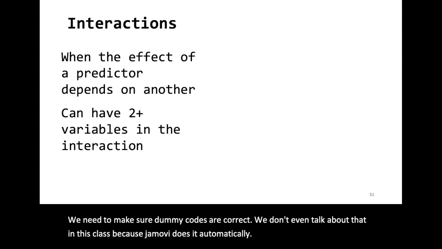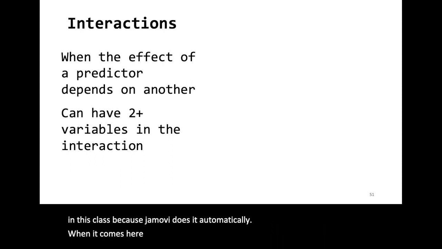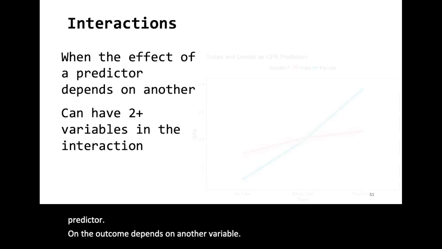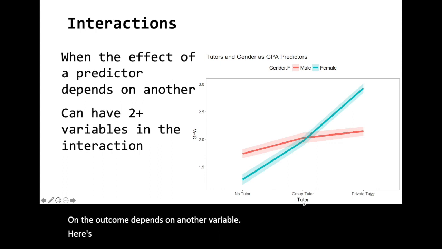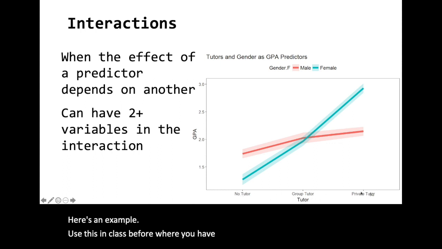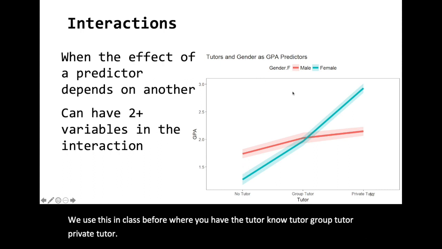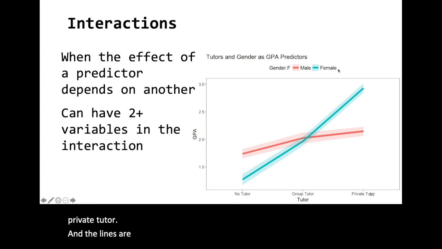When it comes to interactions, as a reminder, it's when the effect of a predictor on the outcome depends on another variable. Here's an example we used in class before, where you have no tutor, group tutor, or private tutor, and the lines are whether you identify as male or female, and the GPA.